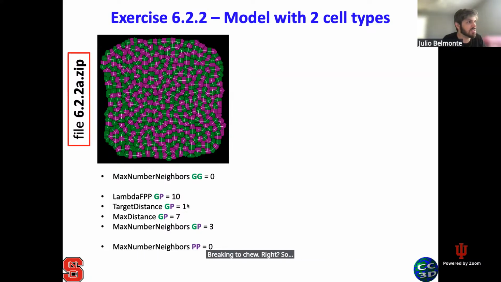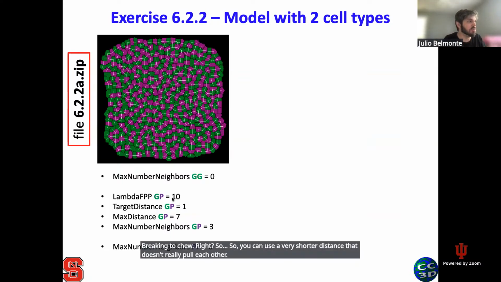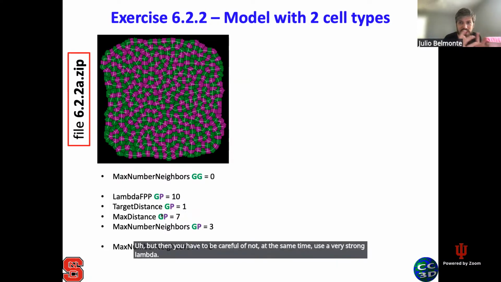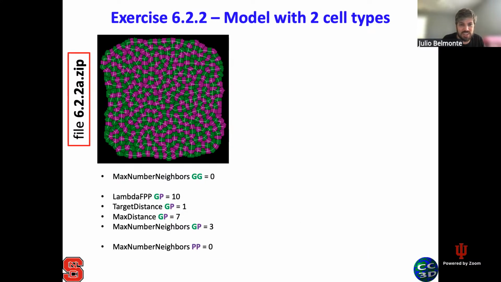So you can use a very short target distance so that cells really pull each other, but then you have to be careful not to at the same time use a very strong lambda, because you can get cell breakage. But what probably Kaya did was inducing condensation of the different cells. Okay.